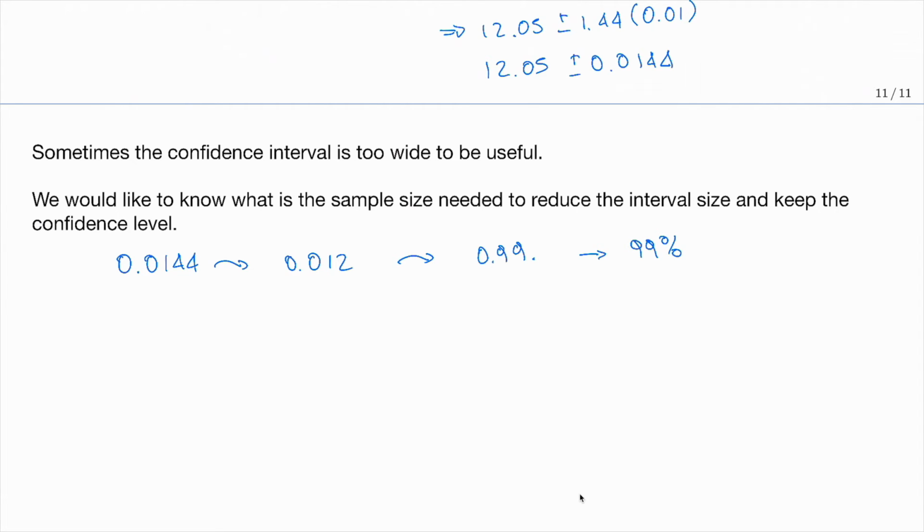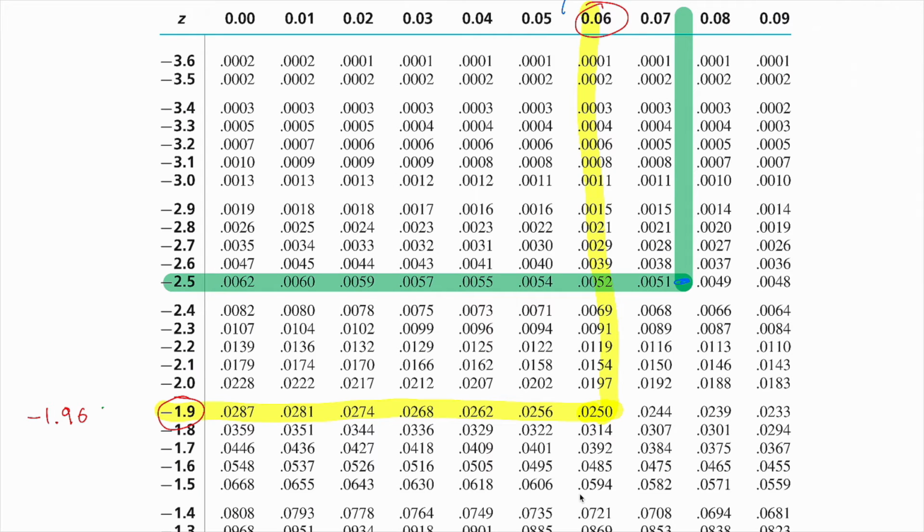99% means that 1 minus alpha is equal to 0.99, or that alpha is equal to 0.01 and alpha over 2 is equal to 0.005. So with this value, again, we can go to the table and look for z of alpha over 2, for which the CDF is equal to 0.005.